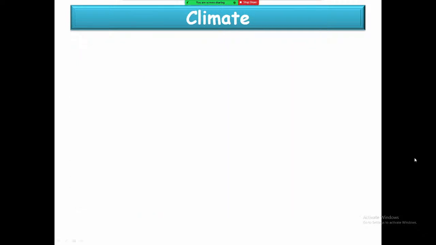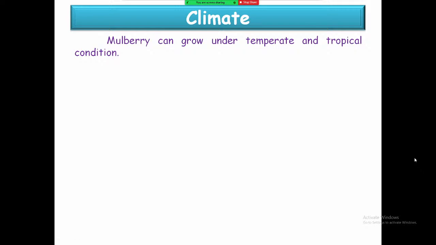The next one is the climatic requirement for the cultivation of the mulberry plants. We know the mulberry plants can grow under temperate and tropical conditions.